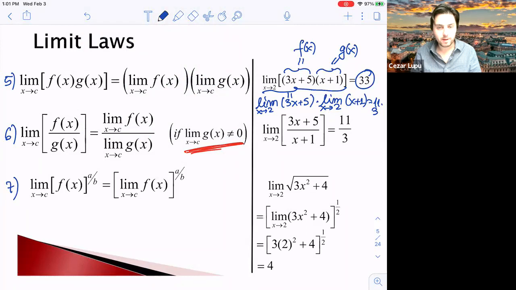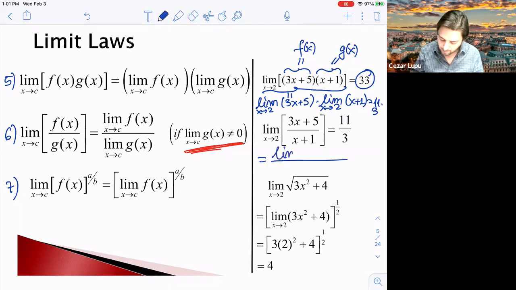Let's see an example. Look at the limit as x approaches 2 of (3x + 5) over (x + 1). Well, this is nothing else than the limit of the quotient, which is the quotient of the limits. So let me put the fraction first.